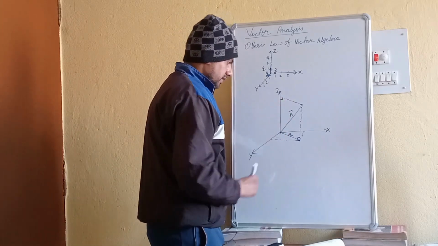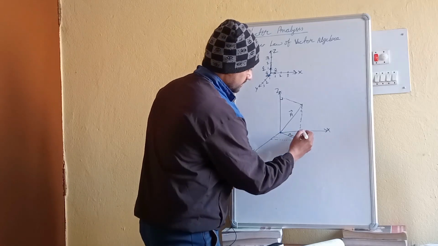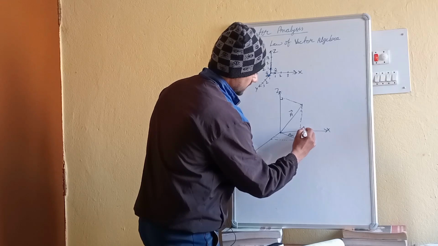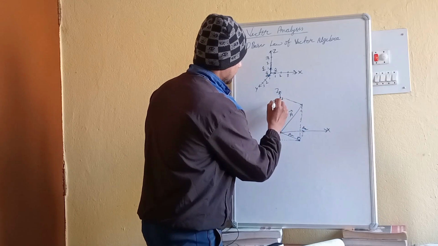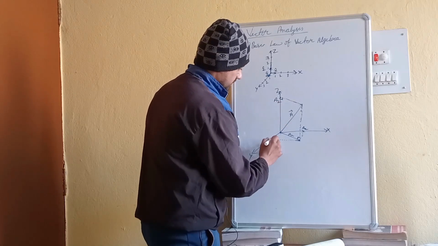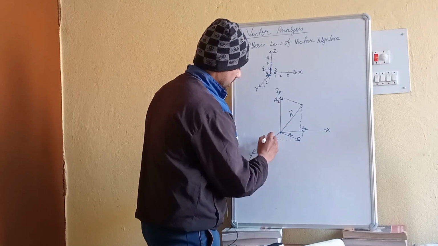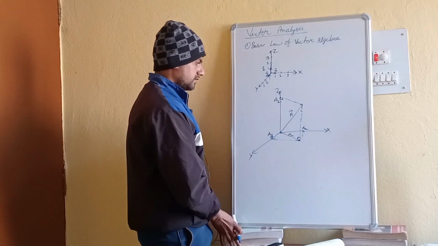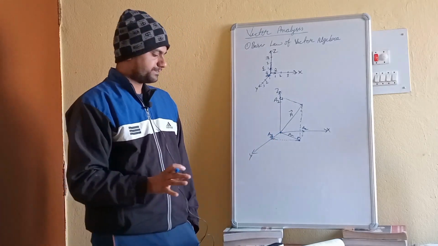So here three components. Along the x-axis, you can see this one, I can represent by ax. This one is along the z-axis, so it is az, and this one is along the y-axis, so we have ay. So three components of the vector on these three axes.